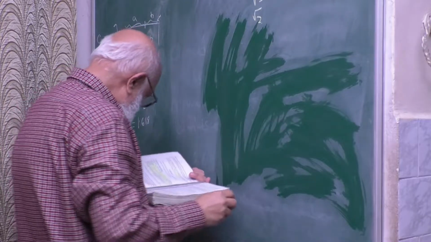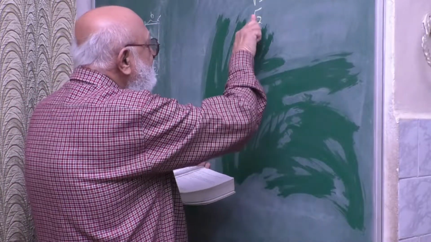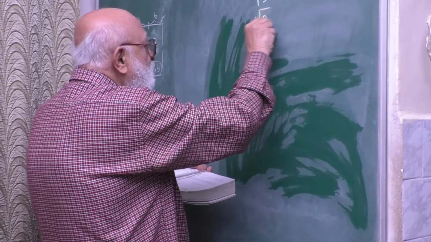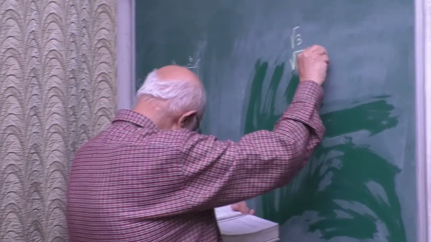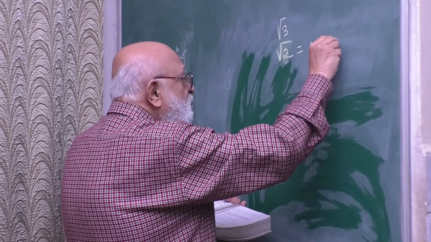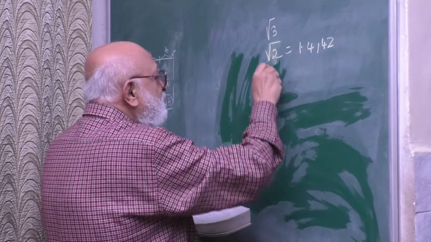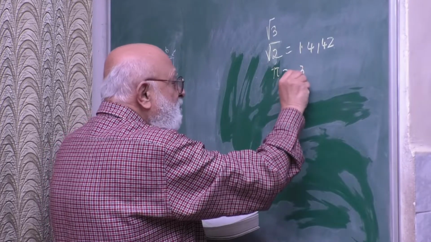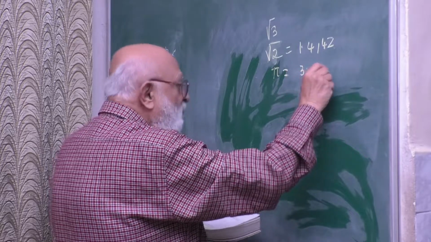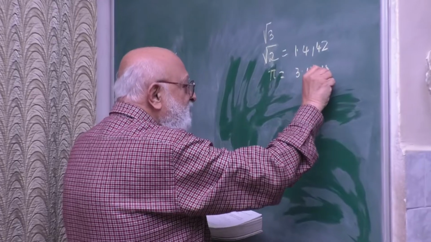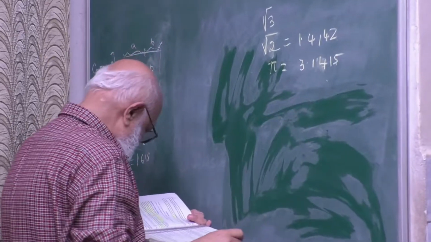What is the value of root 2? Root 2 is 1.4142. What is the value of pi? Pi is equal to 3.1415. I am picking up the values from the book. There may be a little bit of difference elsewhere.